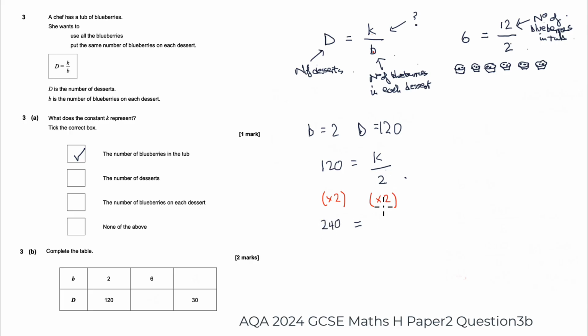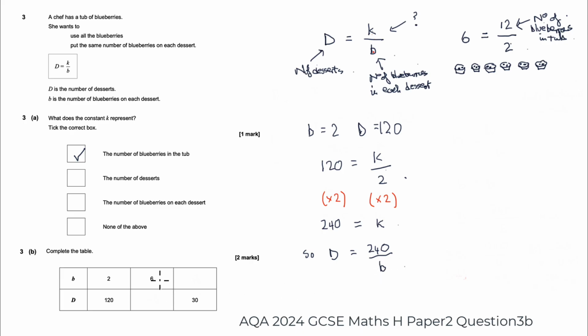This divide by 2 cancels out with this times 2, and we're left with k. In other words, the number of blueberries in the tub we now know is 240. So in that formula, we do know a bit more about it. We know that we're starting with a tub with 240 blueberries in it.